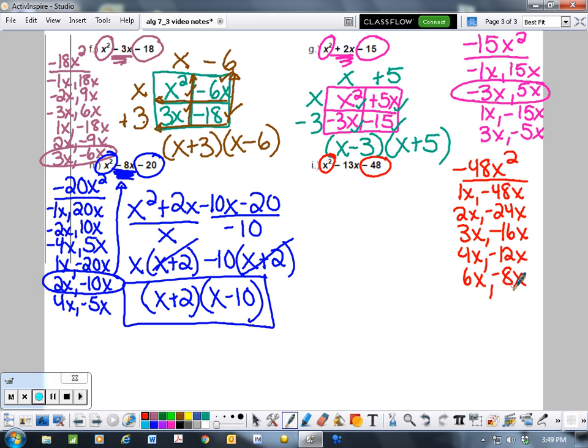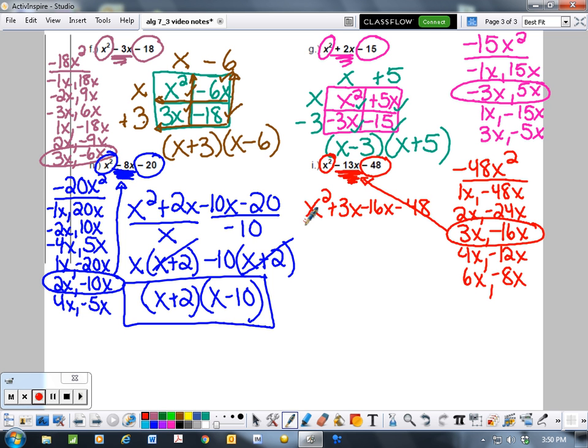We have those. Okay, why did I choose to do my list like this? Well, I know they have to add to be a negative number. So I know that in my list, the bigger number has to be negative. So what in the list adds to be negative 13? That would be this. So I have x squared, and I'm replacing the negative 13 with this. So plus 3x, minus 16x, and minus 48.